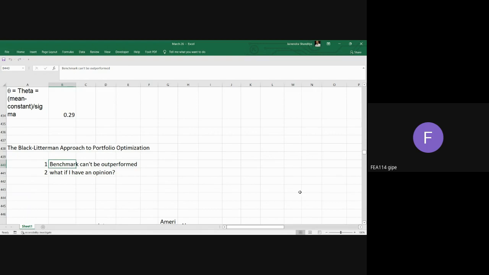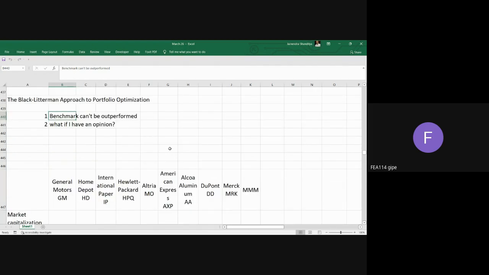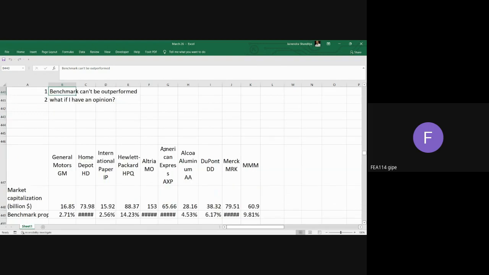Active management is what we are learning here, because we are optimizing. We are taking the optimal combination of X1, X2, X3, X4, and then maximizing our Sharpe ratio. However, if you are just following the benchmark, you will not have any significant Sharpe ratio.